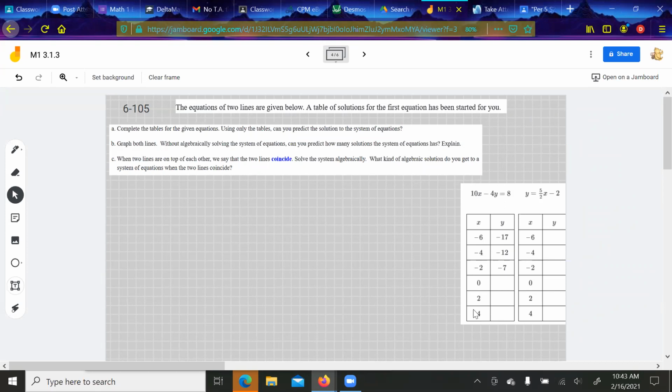So they're going by twos. They're not going by ones, but they are going by the same number. So it should increase the same amount over here. Okay. So the first y coordinate is -17, then it goes up a certain amount to -12, then up a certain amount again to -7. So if you figure out the pattern, how much it's going up each time, go ahead and fill in the last 3. Give me a second to draw all that and fill it in.